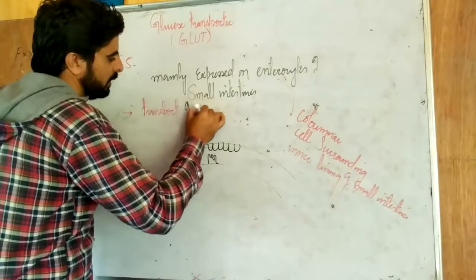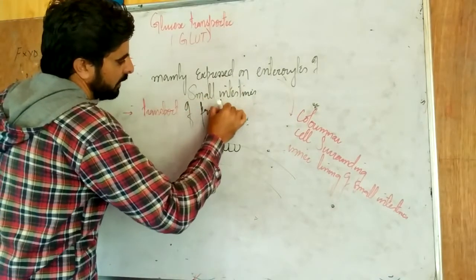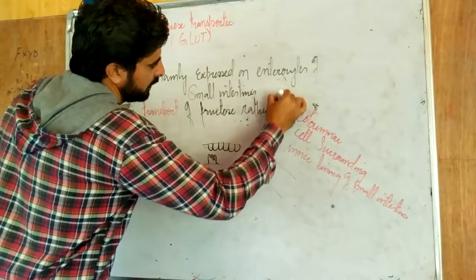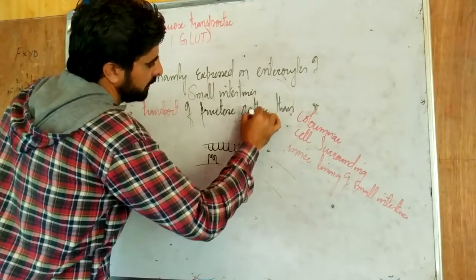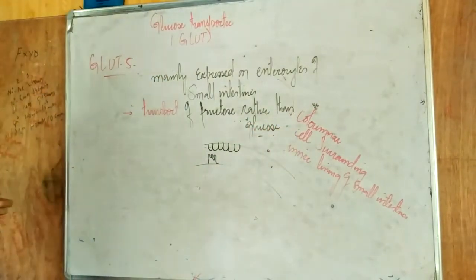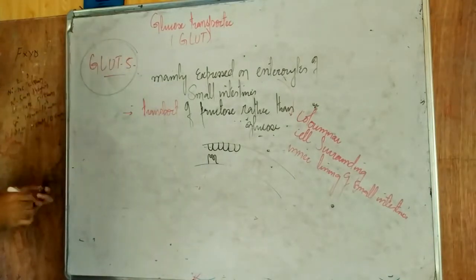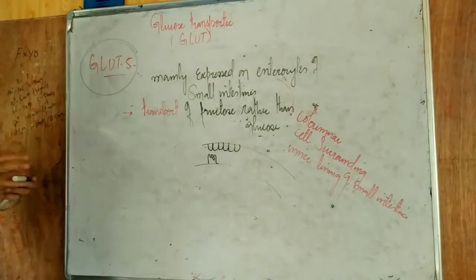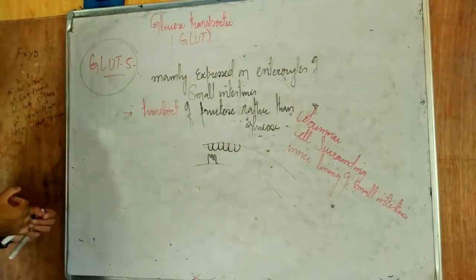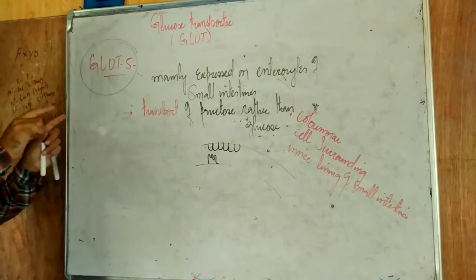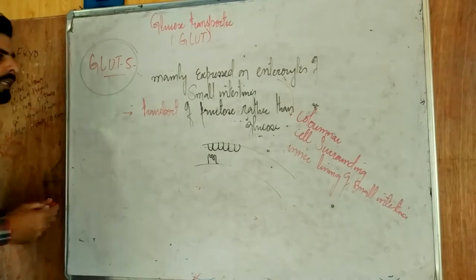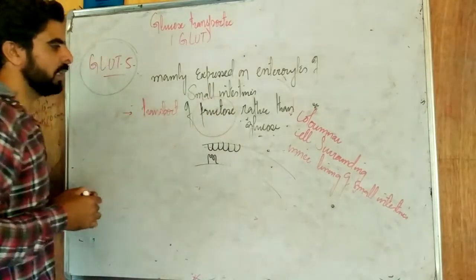They are mainly responsible for transport of fructose rather than glucose. So if anybody asks which GLUT is responsible for transport of fructose, it's actually GLUT5. So GLUT5 is mainly expressed on interior sides, the columnar cells surrounding the inner lining of the small intestine.